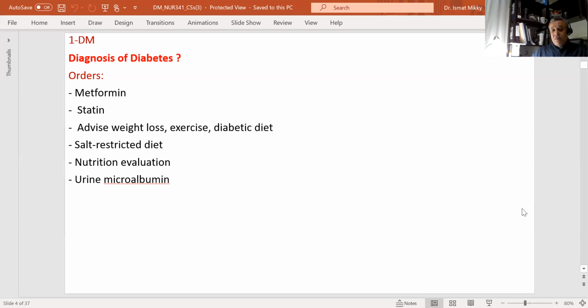The IGT, which is the impaired glucose tolerance, is defined as a 2-hour oral glucose tolerance test of 140 up to 199, or fasting glucose from 100 up to 125.